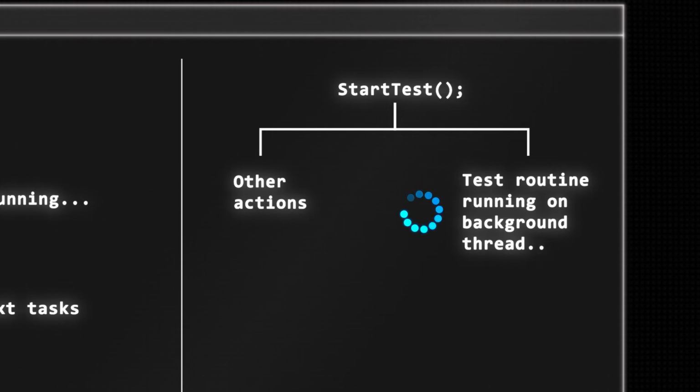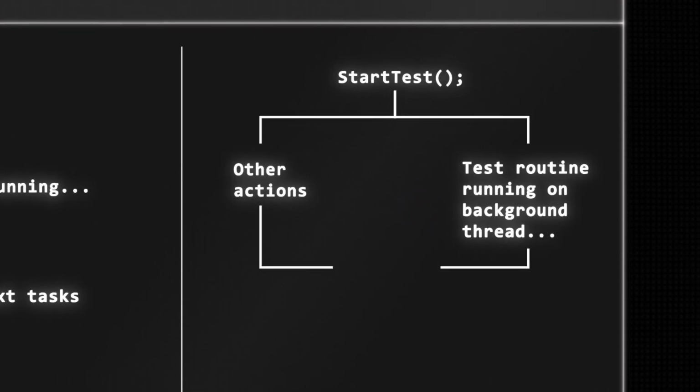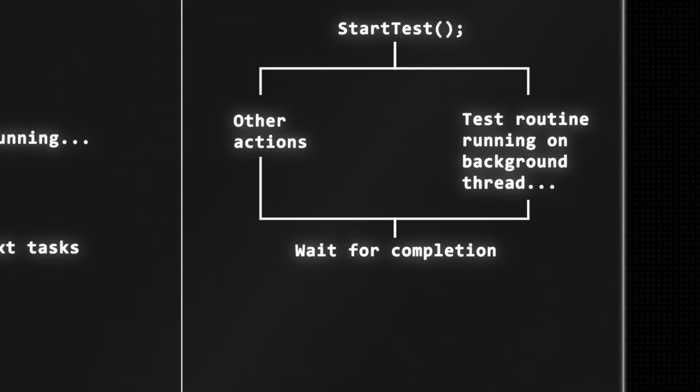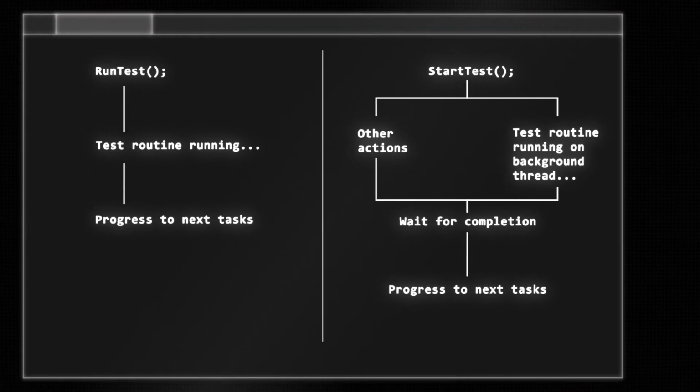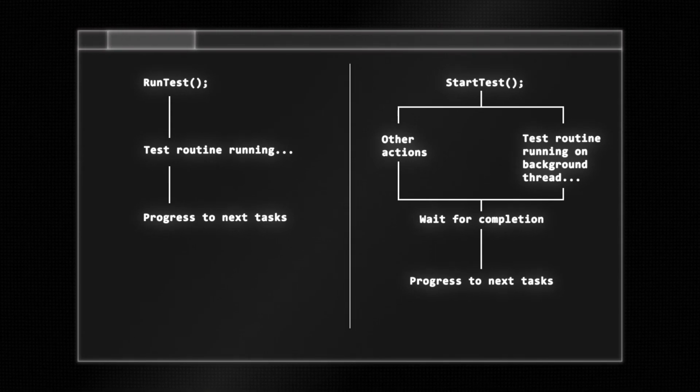Of course, you'll need to know when it has finished executing, so you have to use it in conjunction with the waitForCompletion method. A word of warning though, only use the start commands instead of run when you have a valid reason, because they do lead to more opportunities for mistakes.